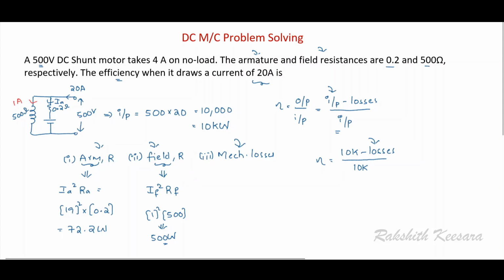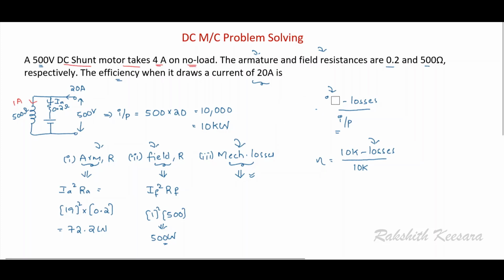Next, the third one is mechanical losses. So the question is how to calculate the mechanical losses. For this, there is some other data given in the question. That is, the DC shunt motor takes 4 ampere on no load.